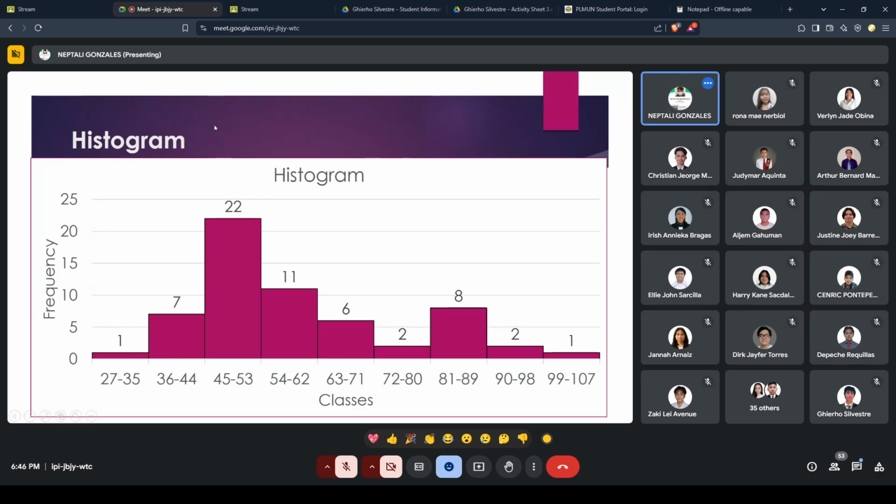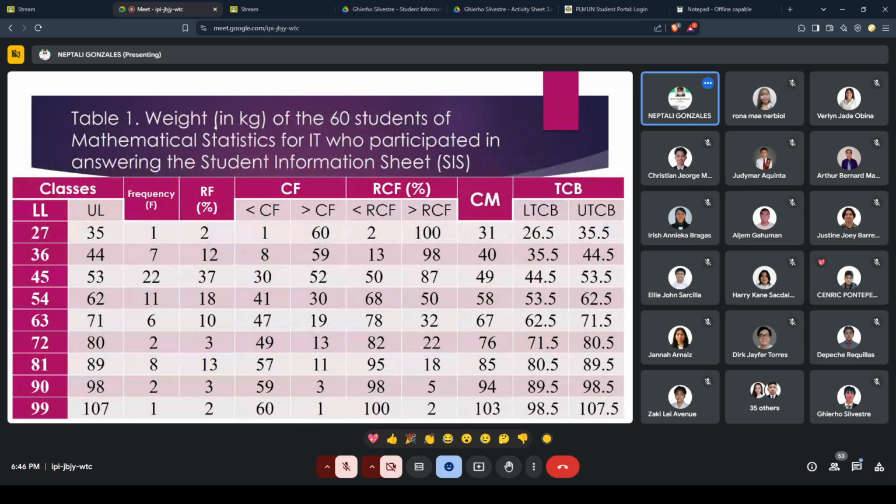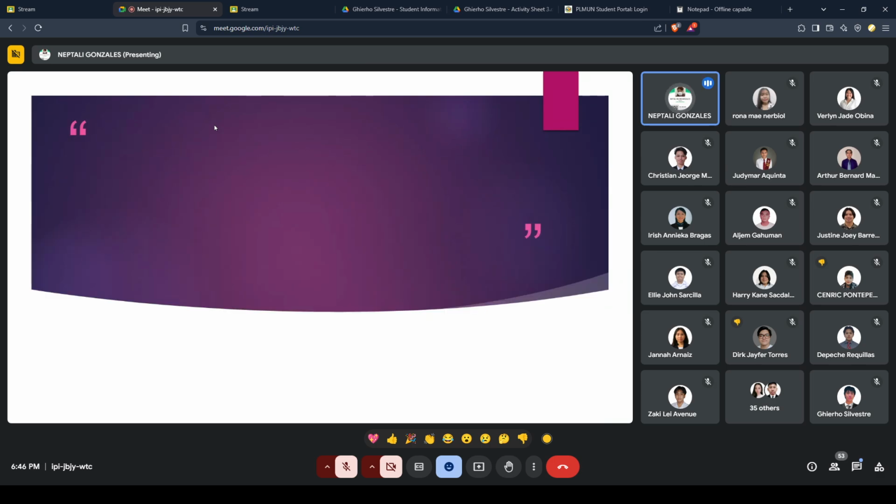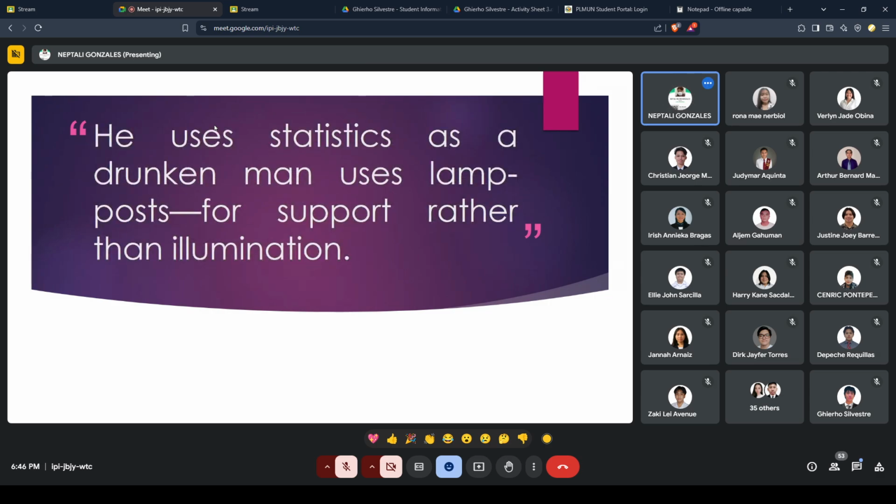Question. So this is how you construct the FDT and the histogram. Oh, it's already done. Any questions? If none, I will leave you with this quote to end the first part of our discussion.